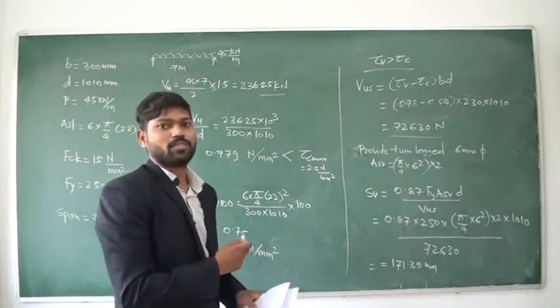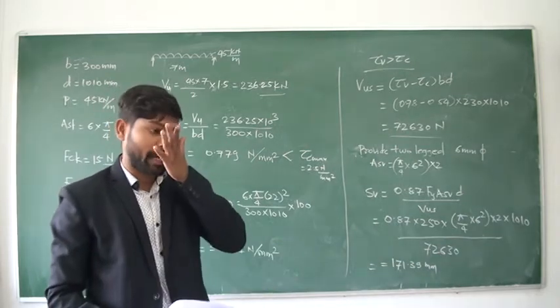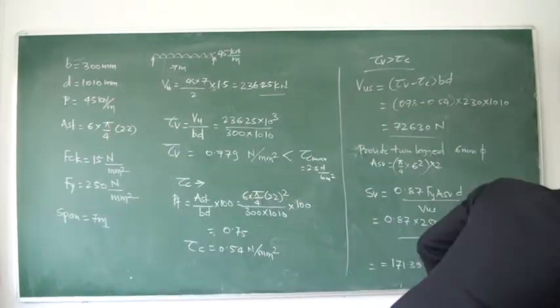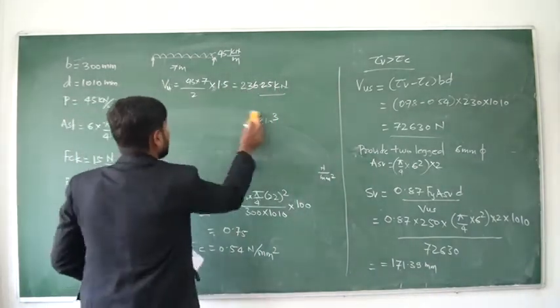Now you can't provide this value directly as the spacing for this beam. You have to check this value with the minimum shear reinforcement criteria, as I have told in the previous lecture. So what are the minimum reinforcement criteria?